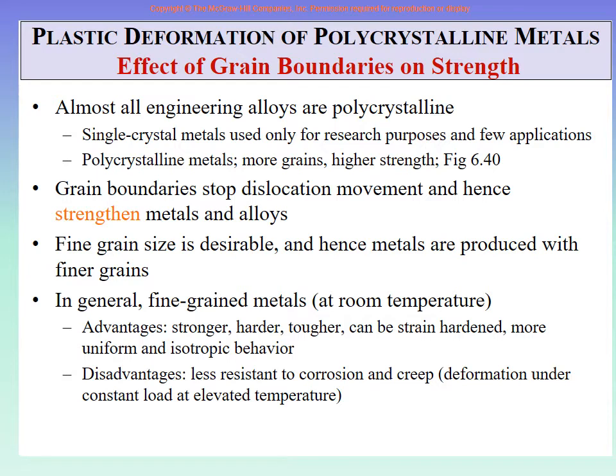So two things we are talking about now, which we will cover in detail later: that all metals are made of very small crystals, and where the crystals touch each other, that is called a grain boundary. The other is that at the crystal level, there are certain defects and flaws in the material, and one of them is called dislocation.